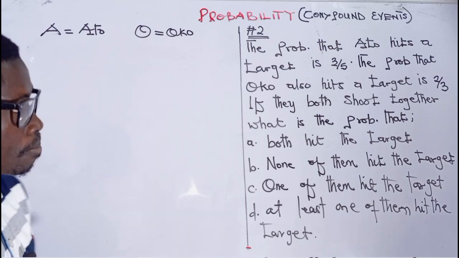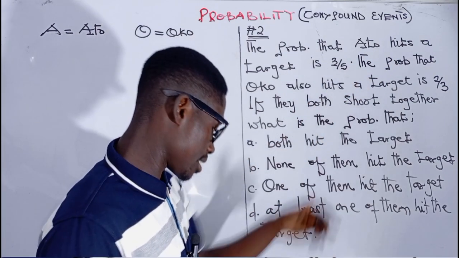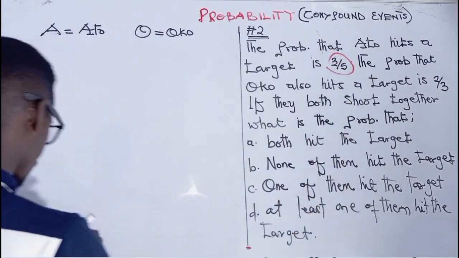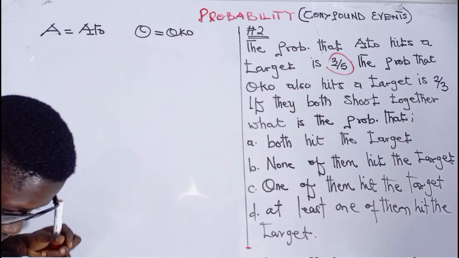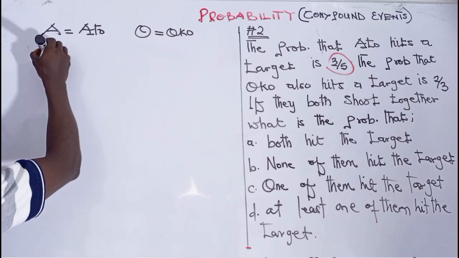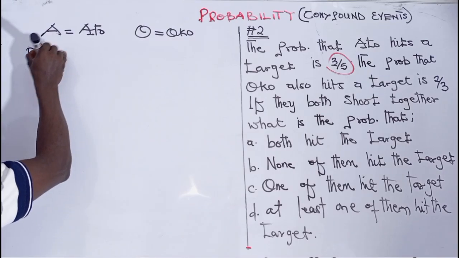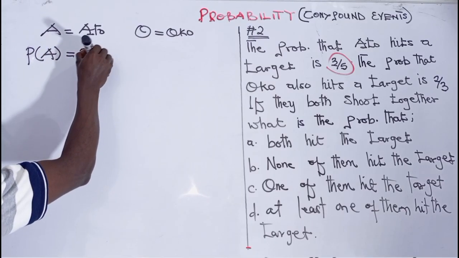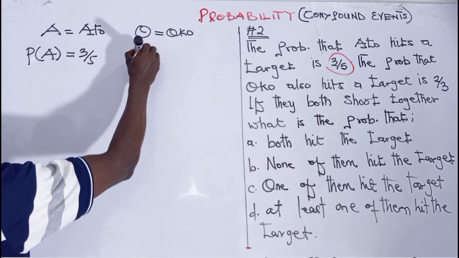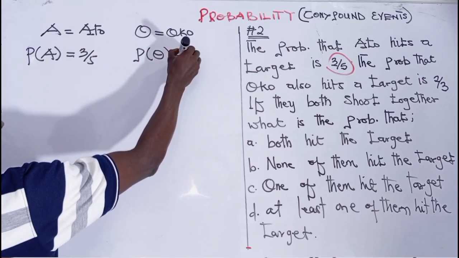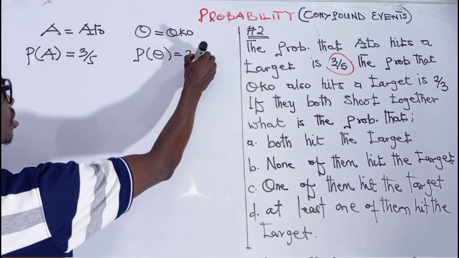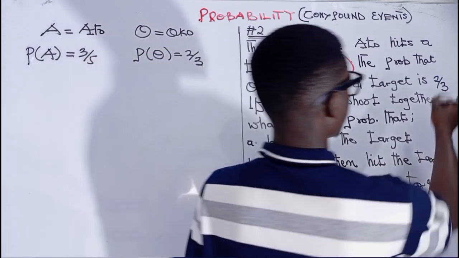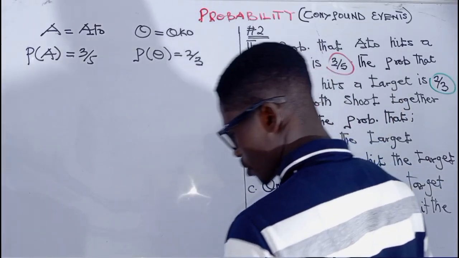The probability that Ato hits a target is 3 out of 5. We also said that the probability that Oko hits the target is 2 out of 3.